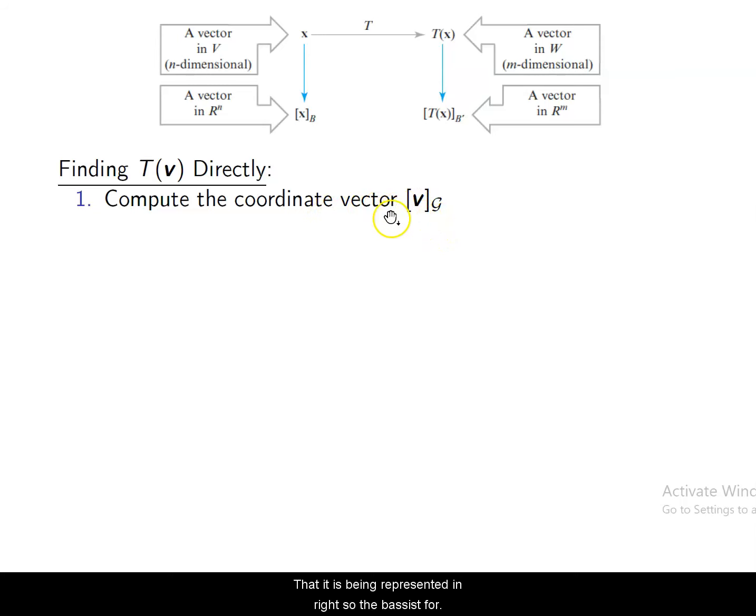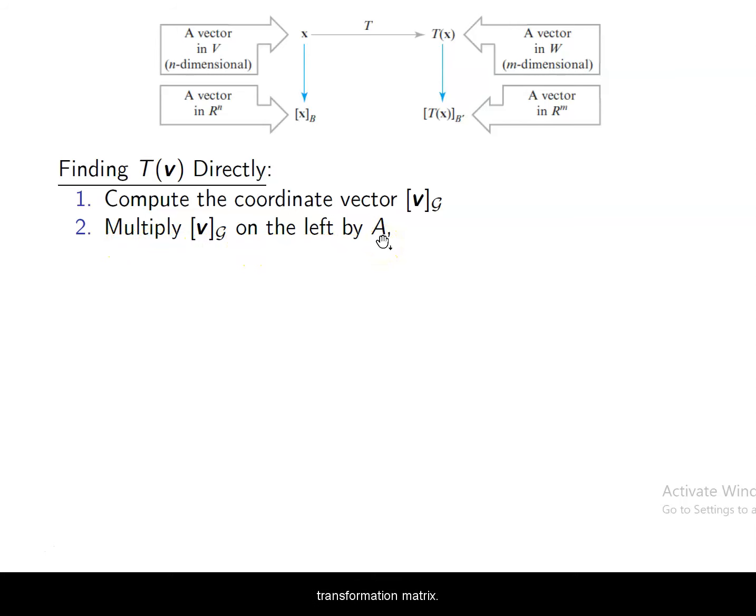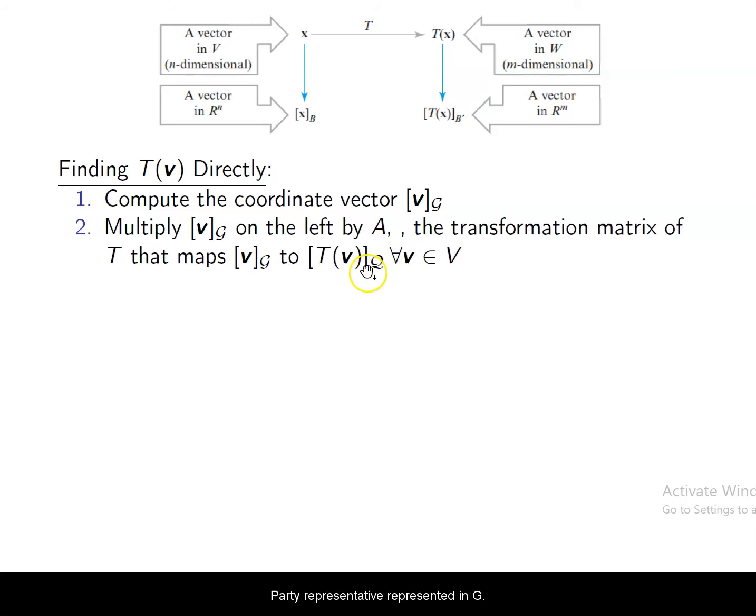So the basis for the space where v lives is G, so we have to find v in terms of that basis. So we find the coordinate vector representation of v in terms of the basis it's in, which is G. Next we multiply v of G on the left by A. A is the transformation matrix of T represented in G.